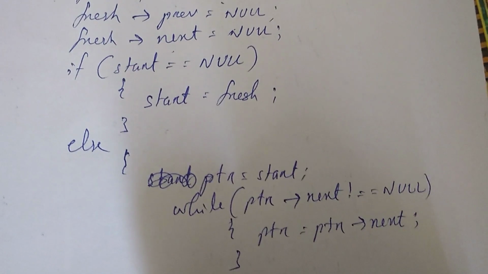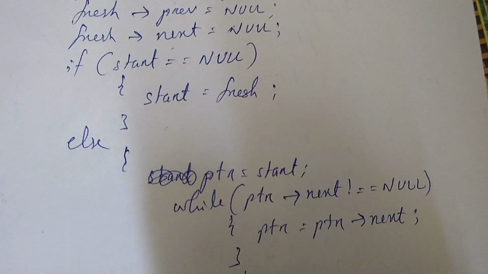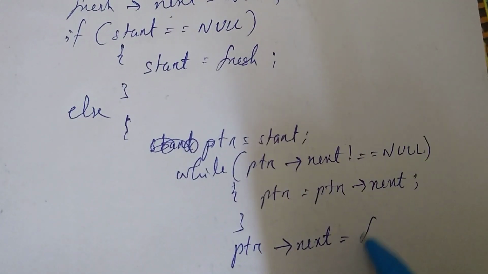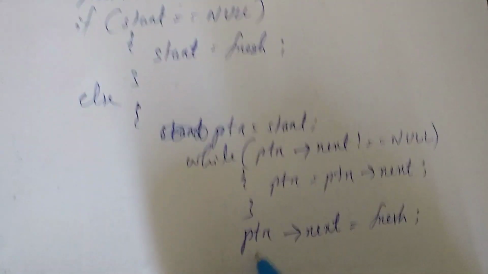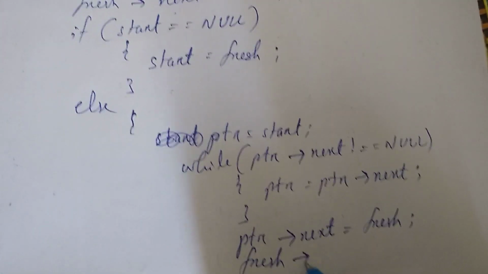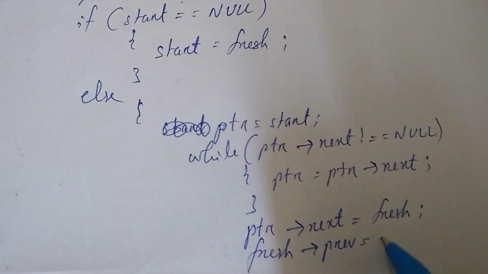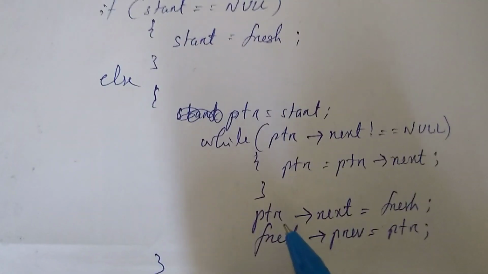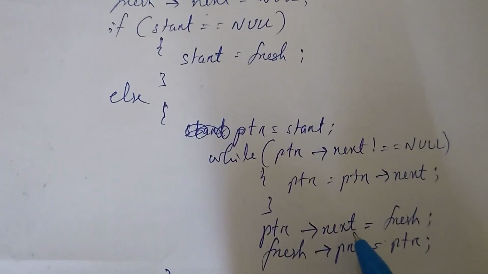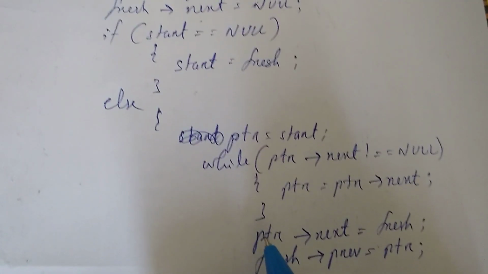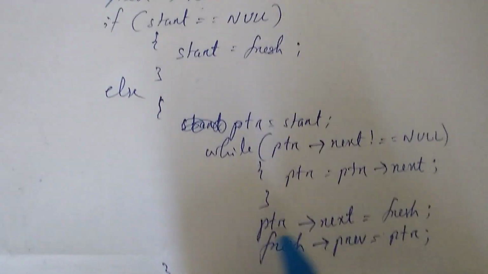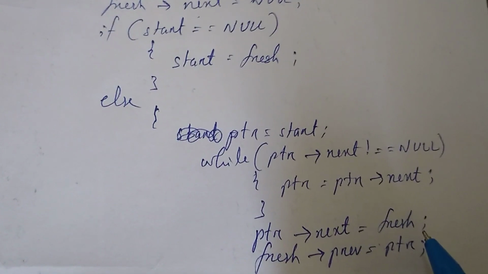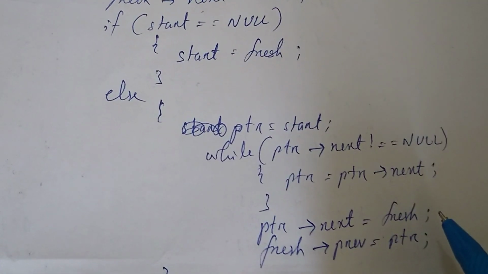After this loop, ptr next equals fresh, and fresh previous equals ptr. When ptr is at the last node, ptr next has null, so ptr next should contain fresh because another node is going to be added.